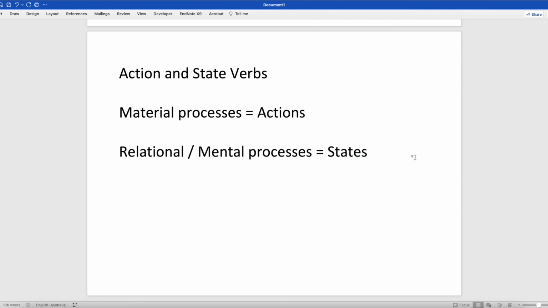Another thing that the course books usually tell us is that it's wrong, or a bad choice, to use state verbs in the progressive tense. Well, as we've seen in this video, it's not that it's wrong, it's not that there is any problem with using relational or mental processes in the progressive tense.